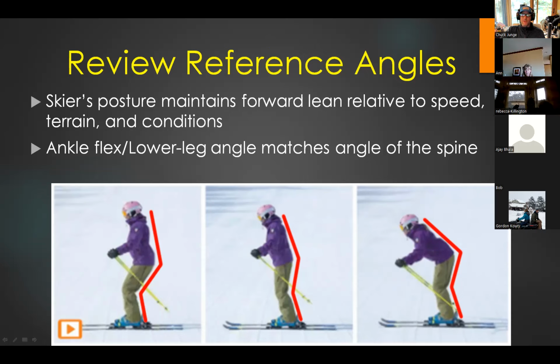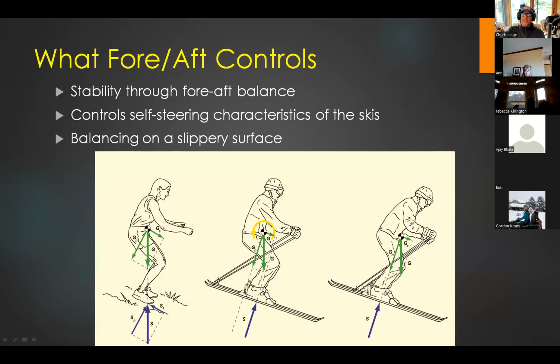That is my personal view: yes, we always want to be staying forward as much as possible, and the lower leg angle should match that of the spine, but I think that's a relative term. That's a really good level 2 understanding, but when you get into level 3, you're going to find out that that's not always true. Okay, I think AJ can concede that also.